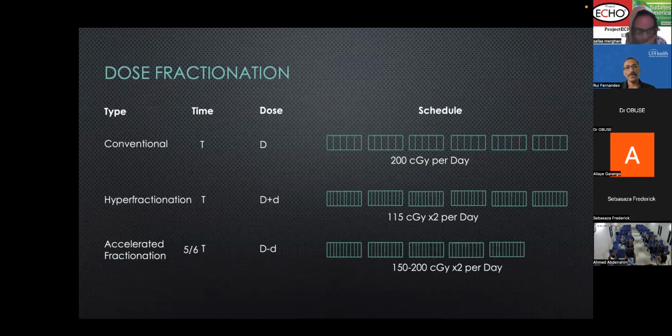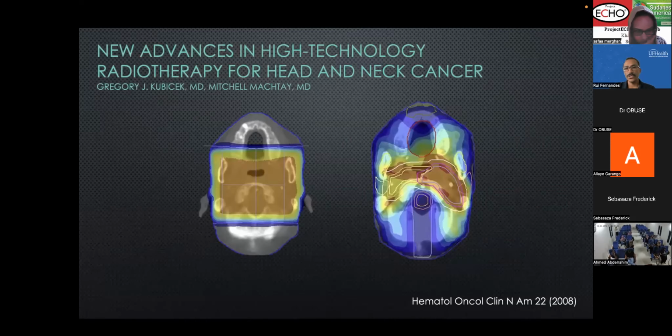I think the thing to keep in mind is that now with intensity modulated radiotherapy, you're able to conform your doses, as you can see here on the second image. It allows you to have a better contour of the areas that you want to deliver the radiation to, while minimizing the damage to important structures.